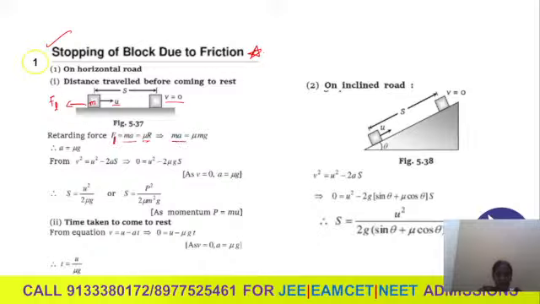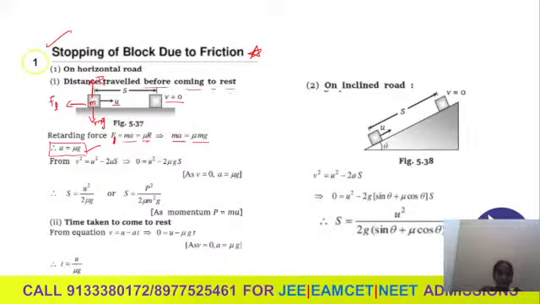So ma is equal to mu into mg, because in this free body diagram, the reaction force perpendicular to the surface is balanced by the weight. So the deceleration due to the retarding force, which is the friction, can be calculated as mu into g. And what is the distance travelled before coming to rest?